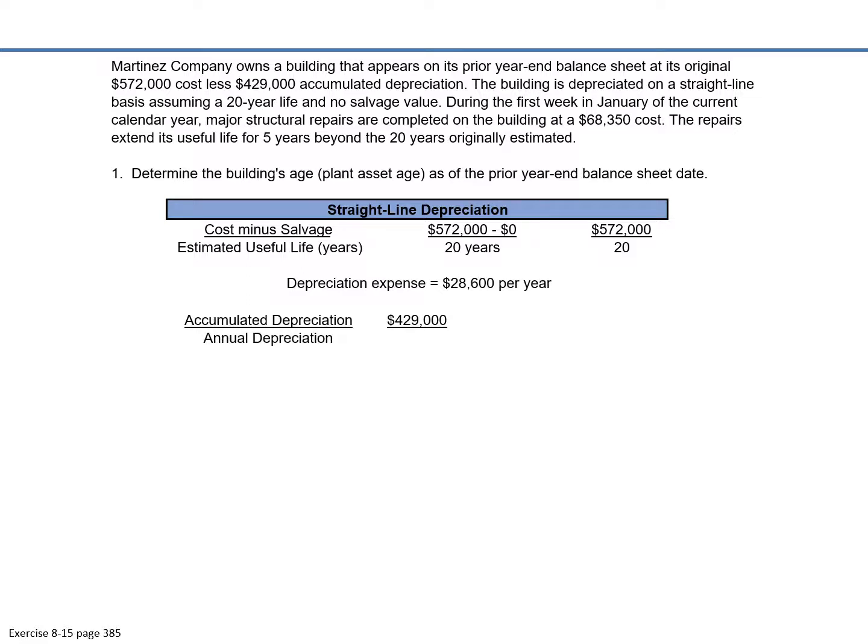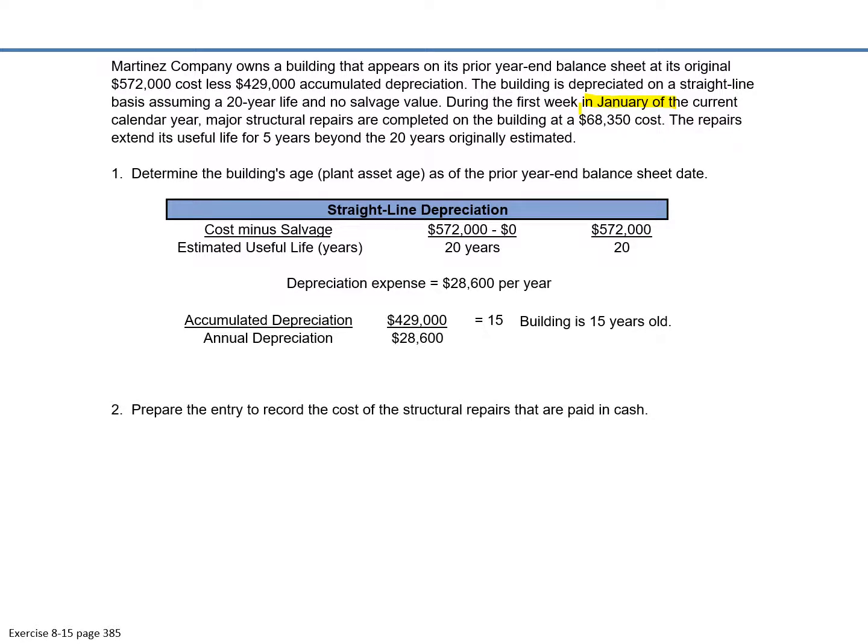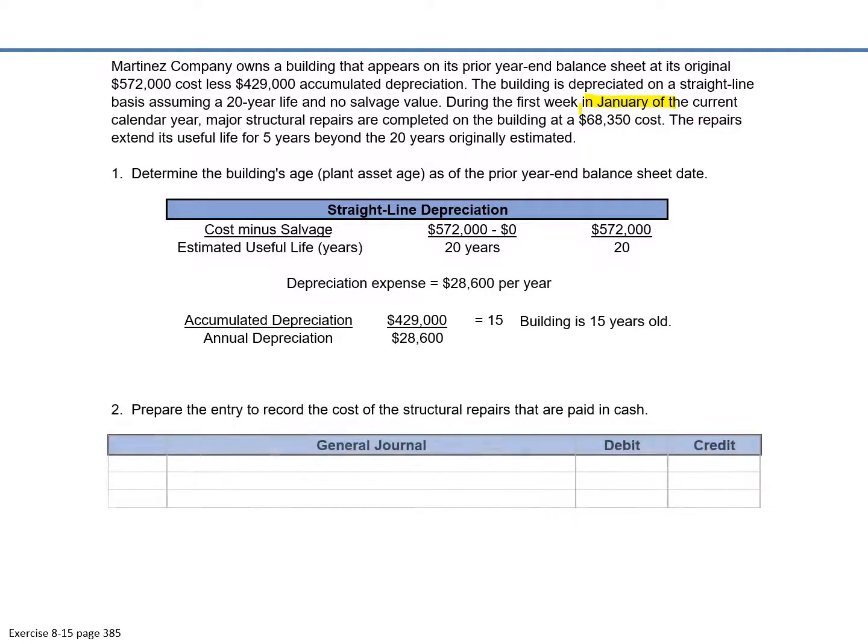So we take $429,000 divided by the annual depreciation. That means it's beginning its 16th year in that January that they're referring to, so the building's 15 years old. So the entry to record the cost of the structural repairs: debit to building, credit to cash.